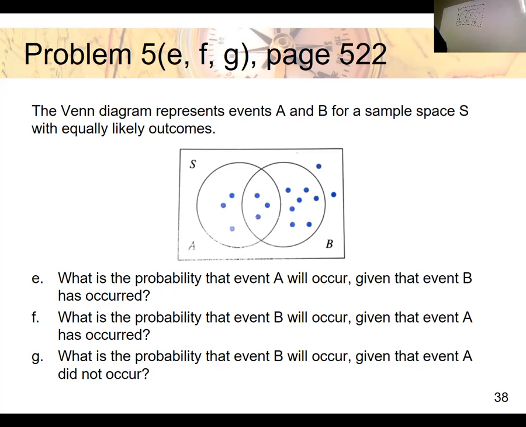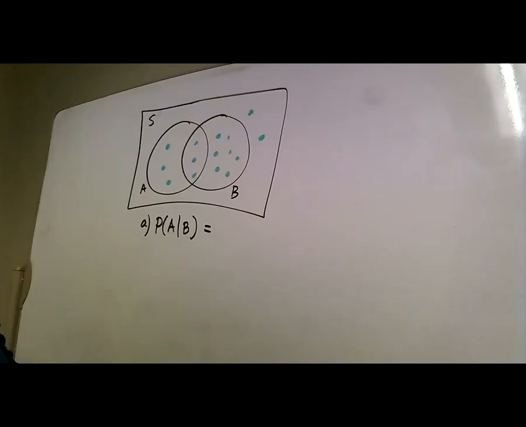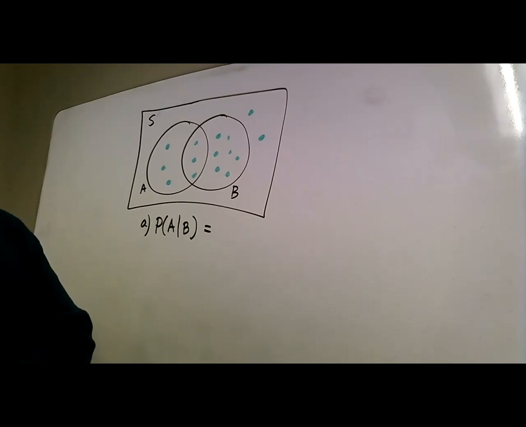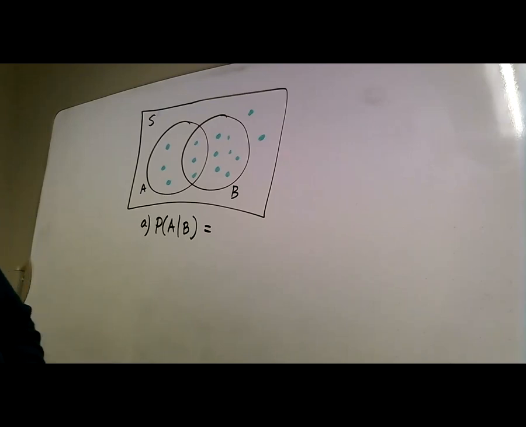So here we want the probability that event A will occur given that event B has occurred. So that's the notation that we write for this. Probability of event A given that B has occurred.